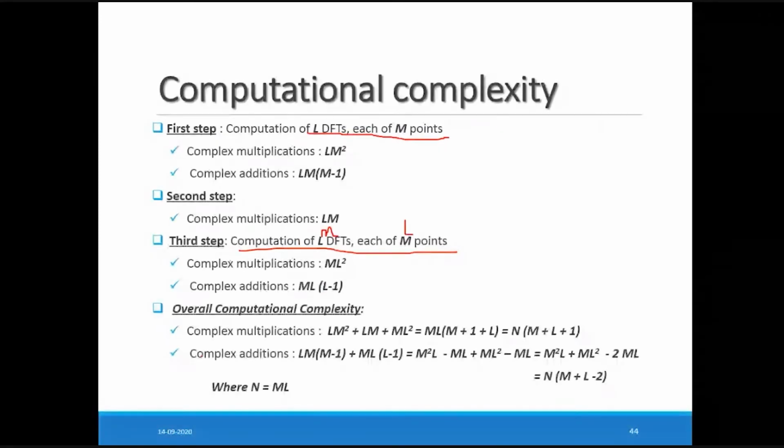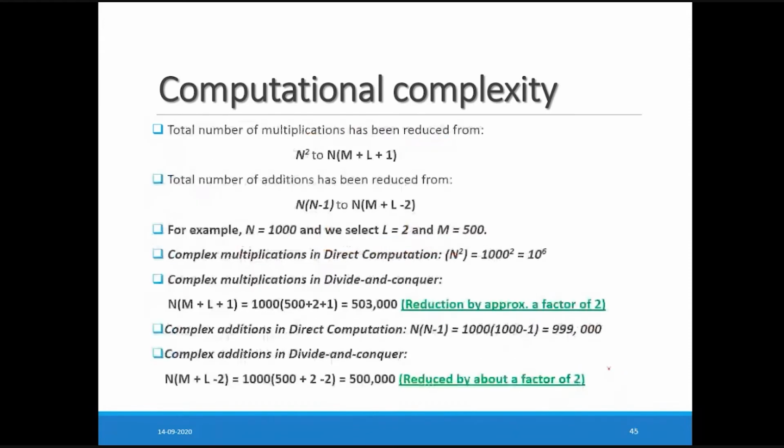So here total number of multiplications are N into M plus L plus 1. Total number of additions are N into M plus L minus 2. Okay, now we are going to compare it with the computational complexity of the direct implementation of DFT. Earlier we have seen that when we go for the direct calculation of DFT, the total number of multiplications was N square.